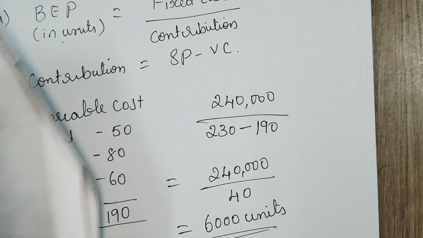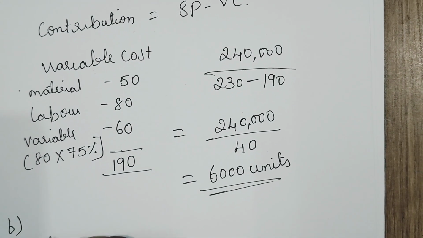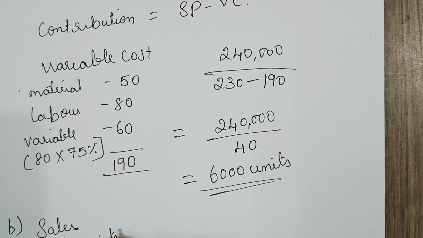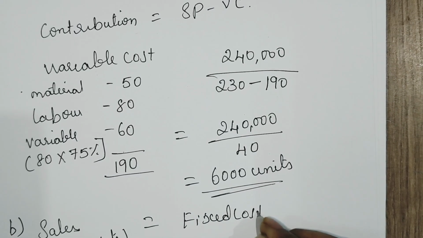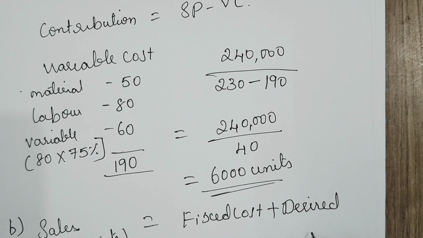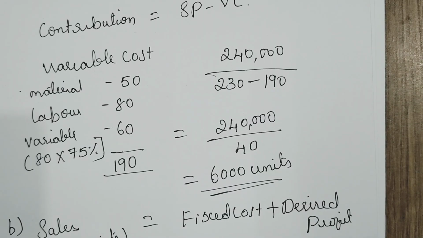Here desired profit is given. So what is the formula? Sales in units is equal to fixed cost plus desired profit, divided by selling price minus variable cost. Because profit is given, they are asking how many units should be sold to make a profit of 1 lakh.